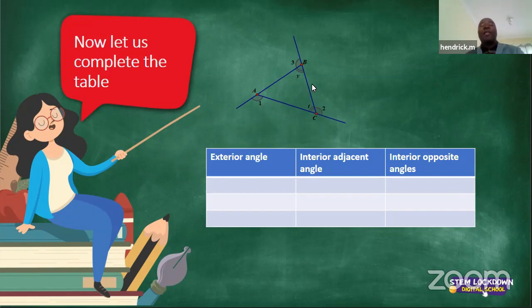Then you must also give me the interior opposite angles. Is there anyone who wants to try? Adam raised the hand. Let's go to Adam. Okay. Adam? I'm waiting for you, Adam.